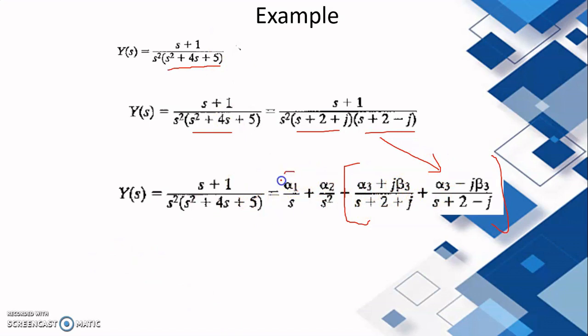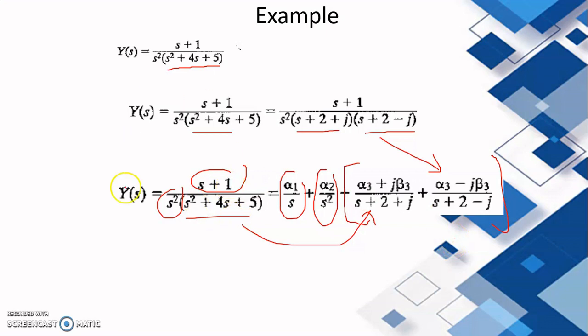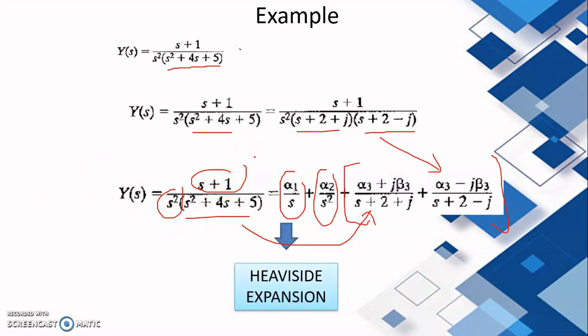Because this one and this one represent the other two expressions, so this one starts with 3. This is how you solve for a complex factor. After that you can solve using Heaviside expansion to get all these values: alpha 1, alpha 2, beta 3 and so on.